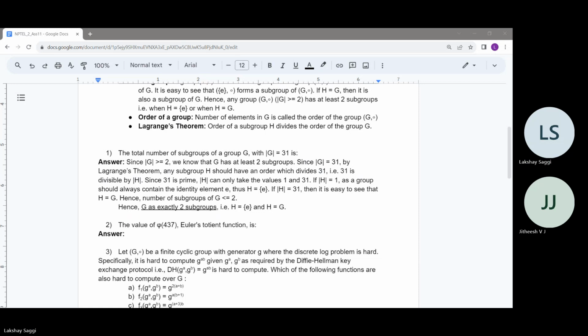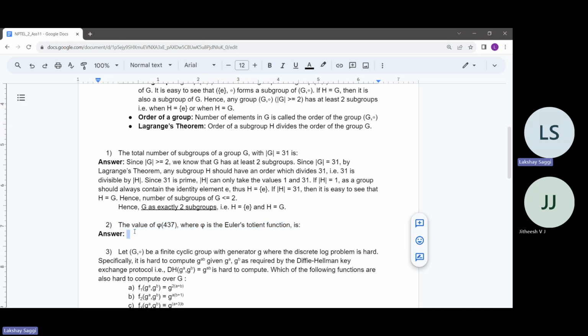The second question says: the value of phi of 437, where phi is the Euler's totient function. This is a very straightforward question. It is nothing new. It has been discussed directly in the lectures.